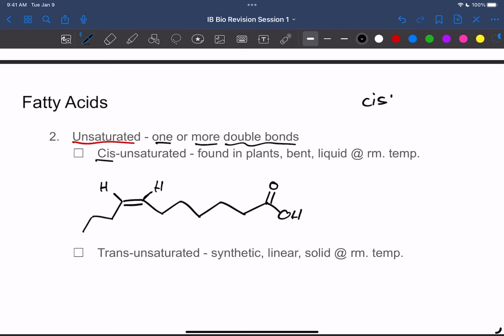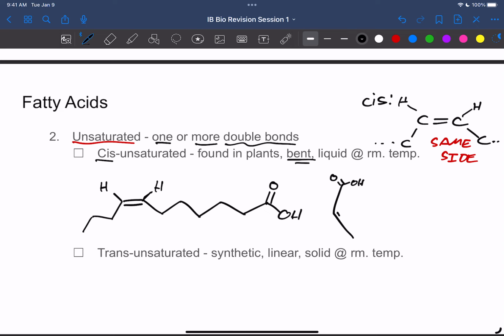So cis means the carbons are on the same side. When you get stuff like this, it creates a bent conformation. In reality, it creates something like that. We call it a kink, which is why phospholipids are pretty relevant here in terms of membrane fluidity. But basically, when there's a double bond, it bends.